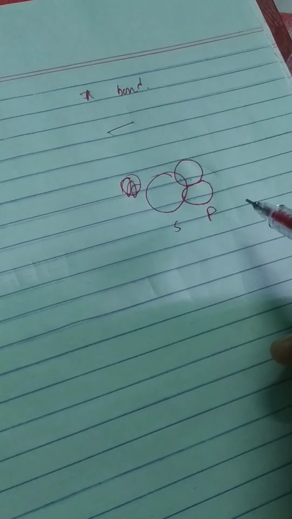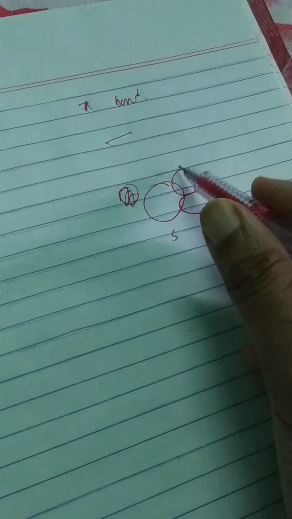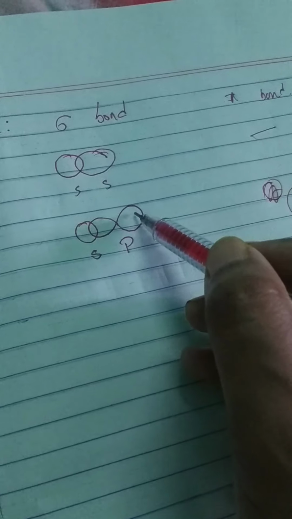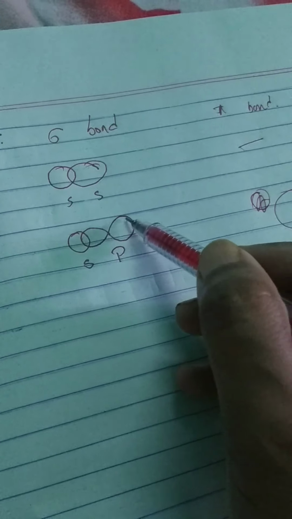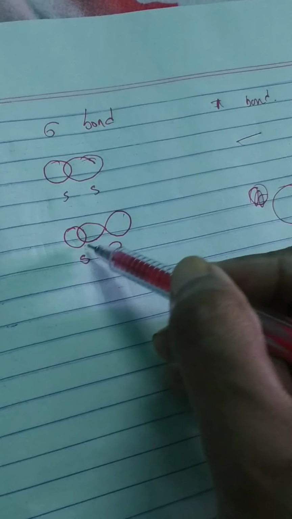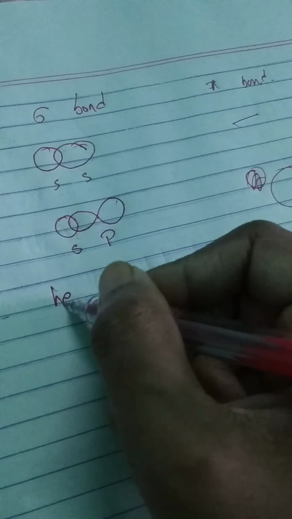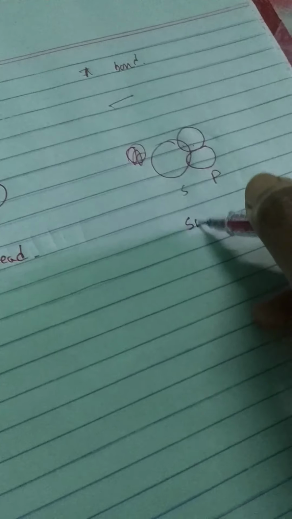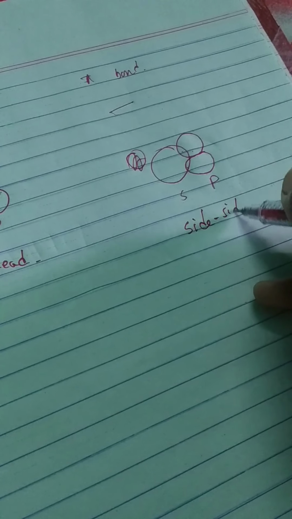The P orbital's sides are here, and these portions are called the head and these portions are called the sides. Whenever head to head overlap happens, we'll call it a sigma bond, and whenever there is a side to side overlap, we'll call it a pi bond.